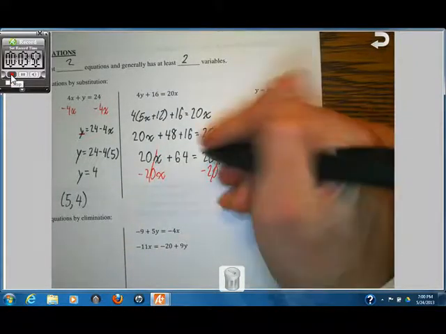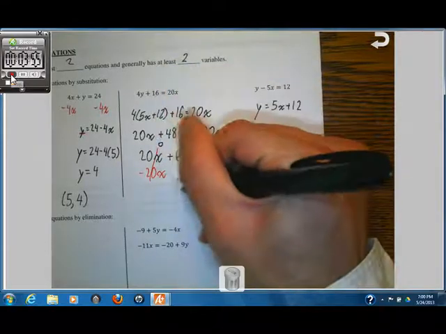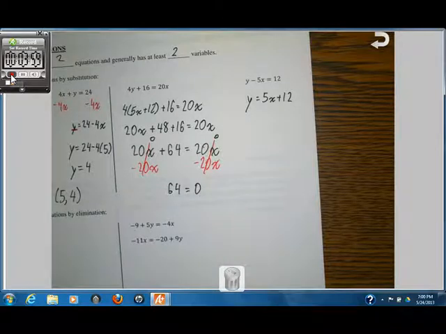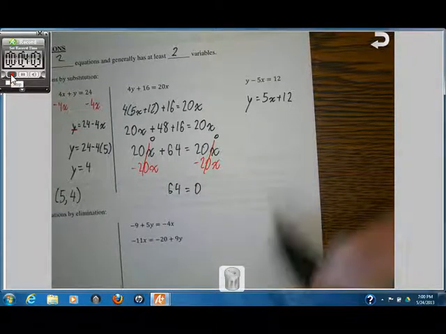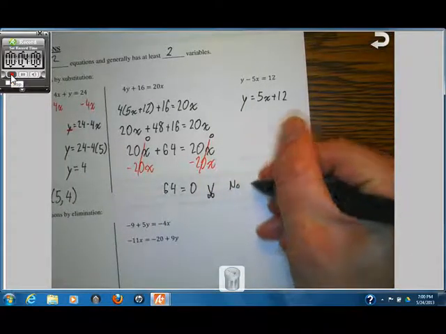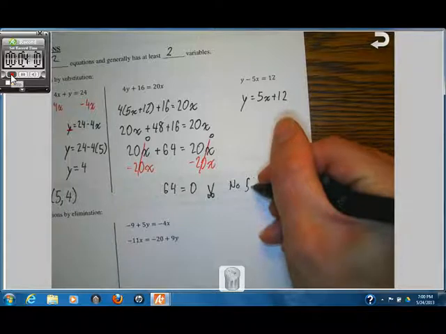That is not a true statement. So we've arrived at a contradiction, which indicates that we have no solution. If you arrive at a contradiction, you have no solution. If you arrive at a tautology, the solution set is infinite.